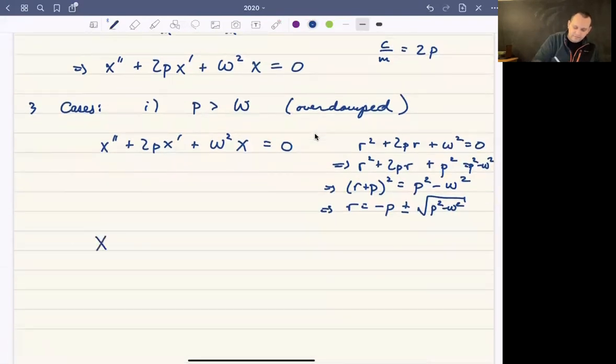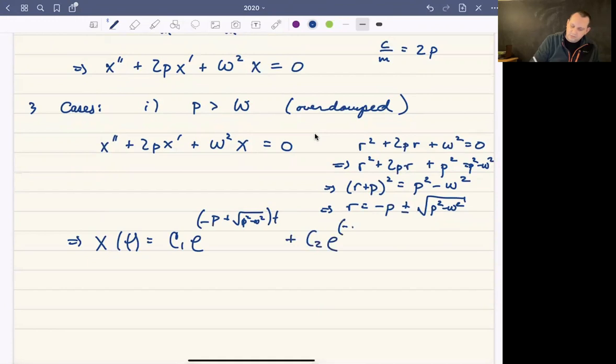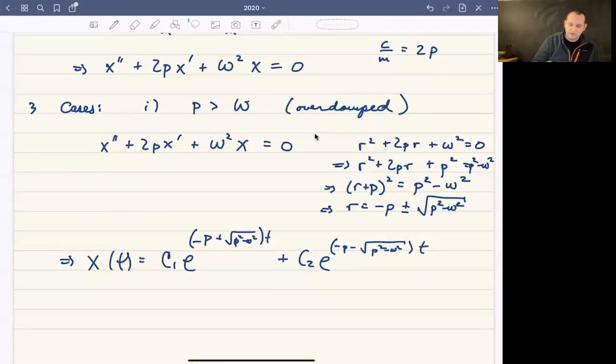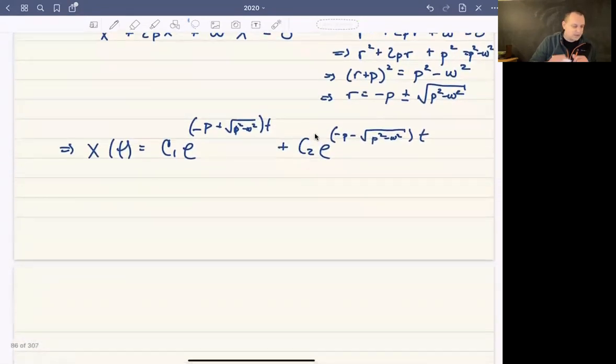We're going to have x of t is c1 e to the minus p plus square root of p squared minus omega squared t, plus c2 e to the other root, minus p minus square root of p squared minus omega squared t. Okay, so those are going to be our solutions in general. That's called the overdamped case.